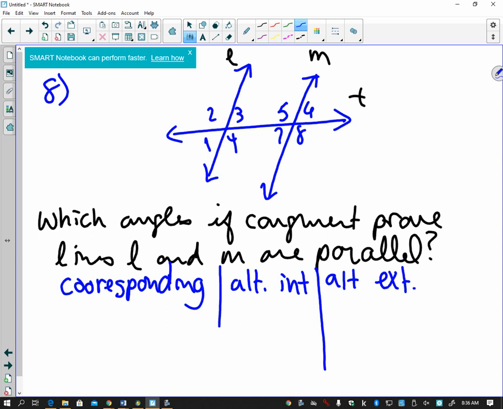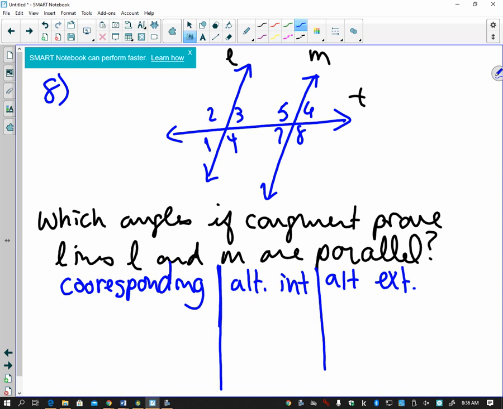Because we're talking about just being congruent, if angles that fit those 3 categories are congruent, then it proves that the 2 lines cut by a transversal are parallel.